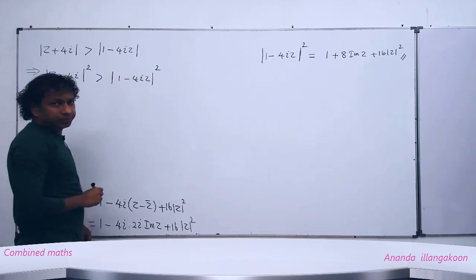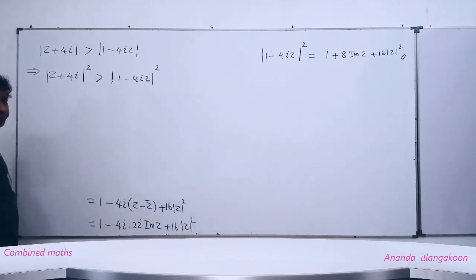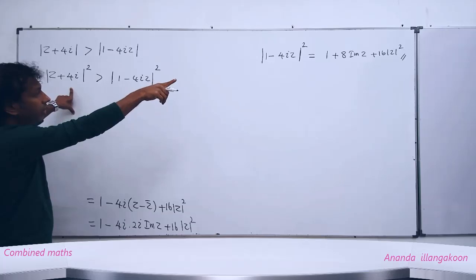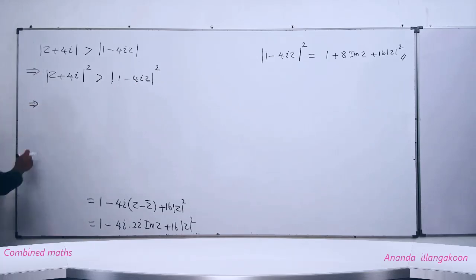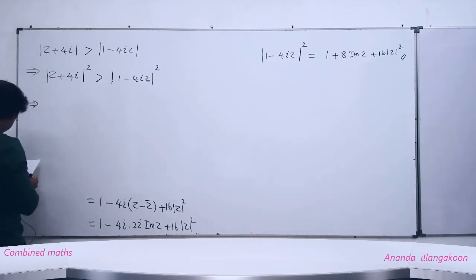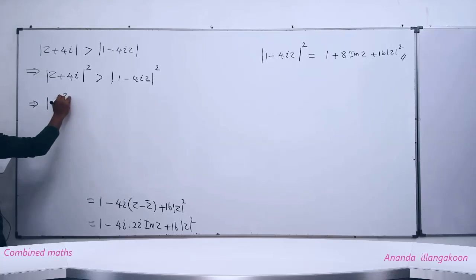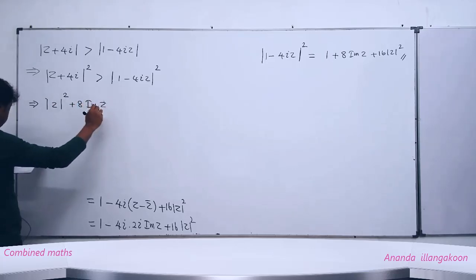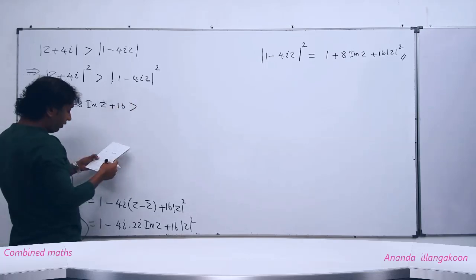People, now here we can substitute the answers we found earlier, on both sides. So the modulus of z plus 4i squared is going to be mod z squared plus 8 Im z plus 16, greater than the modulus of 1 minus 4i z squared.